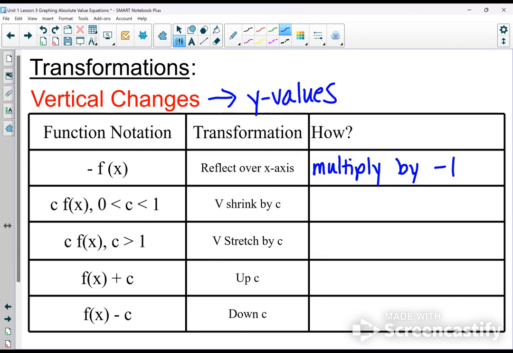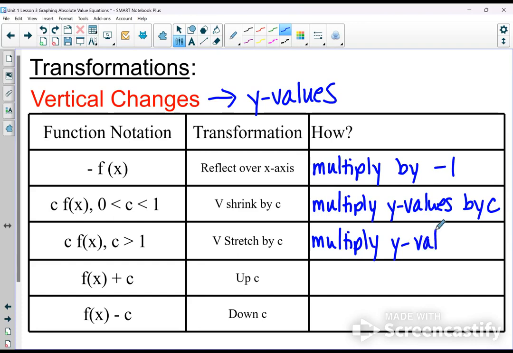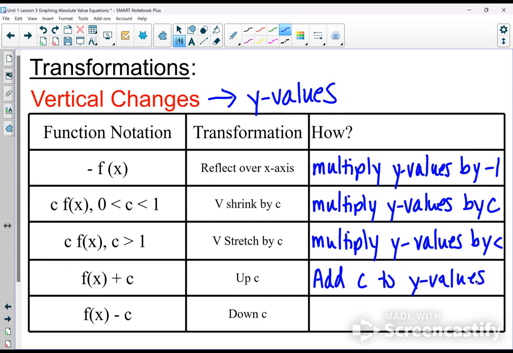In order to vertically shrink by C, we're going to multiply our y values by C. And we would do the same thing for a vertical stretch. Our C value would just be different. If we want to move up C units, we would add C to our Y values. And if we want to go down C units, we would subtract C from our Y values.